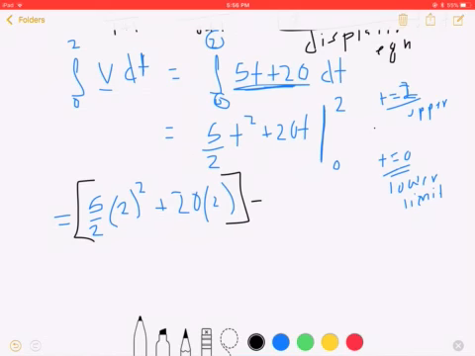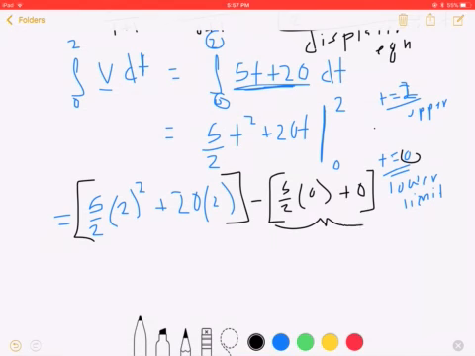So I'm going to subtract 5/2 times 0 plus 20 times 0, which gives us a big fat 0. Write this whole thing here. Anything times 0 is 0, so I'm going to get this quantity here on the left minus 0.